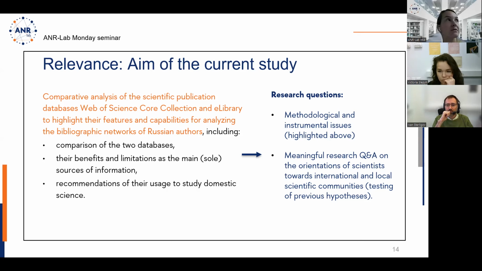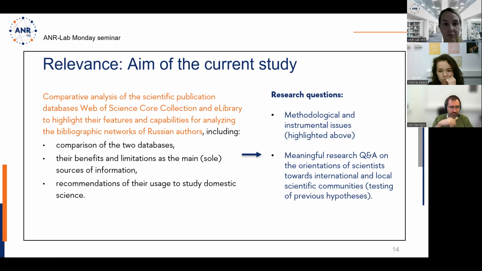One type of these research questions is questions on methodology and the instruments that we use. But another type of research questions that we can ask in this case is about orientations of scientists towards the international sphere or the domestic one.